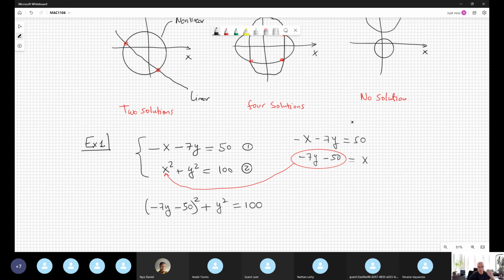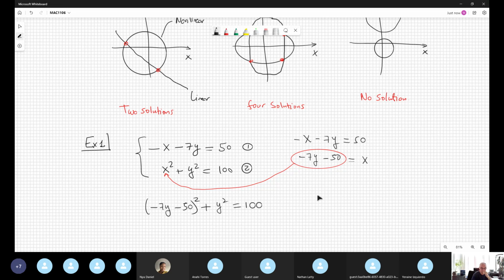Guys, do you follow me or no? So you take advantage of the easier equation, which is the linear. You isolate the variable that has coefficient 1 or -1 and substitute in the other equation. But at that moment, I have one equation that contains only one variable, and it's relatively easy to solve.